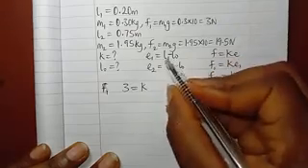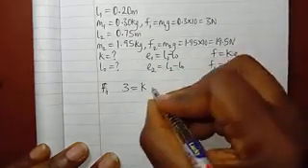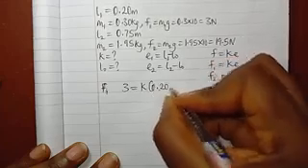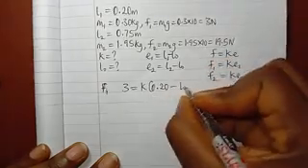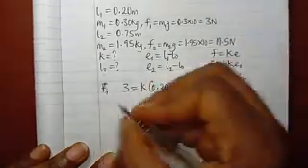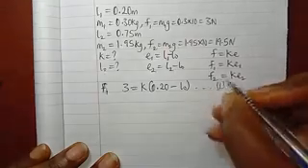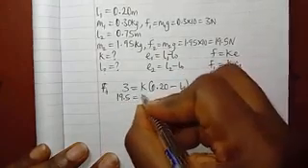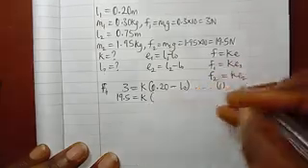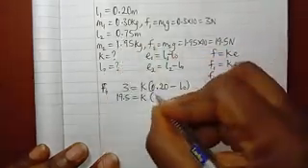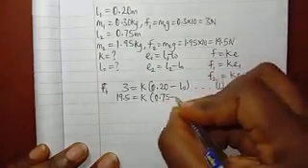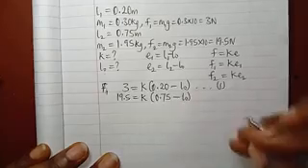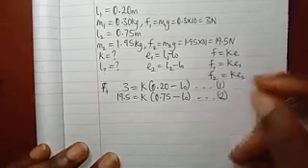We have E1, which is length 1, 0.20, minus the original length. We don't know it. That's part of what we're looking for. We call this equation 1. For equation 2, we have F2, which is 19.5 Newton, equal to K times L2, which is 0.75 meters, minus our original length. So this is the extension 1, this is the extension 2. We call this equation 2.